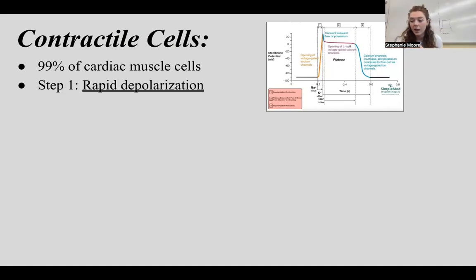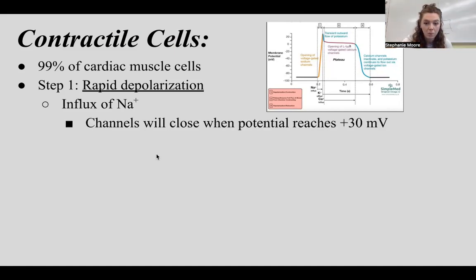Now, step 1 in cardiac muscle is just like step 1 in skeletal muscle contraction. We have rapid depolarization. Depolarization happens because of the influx of sodium into our membrane.